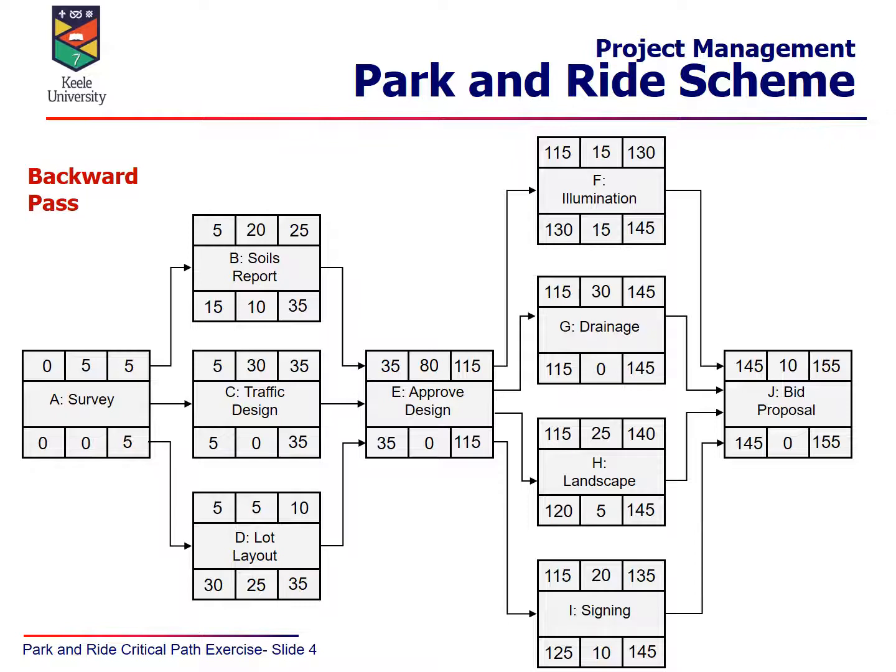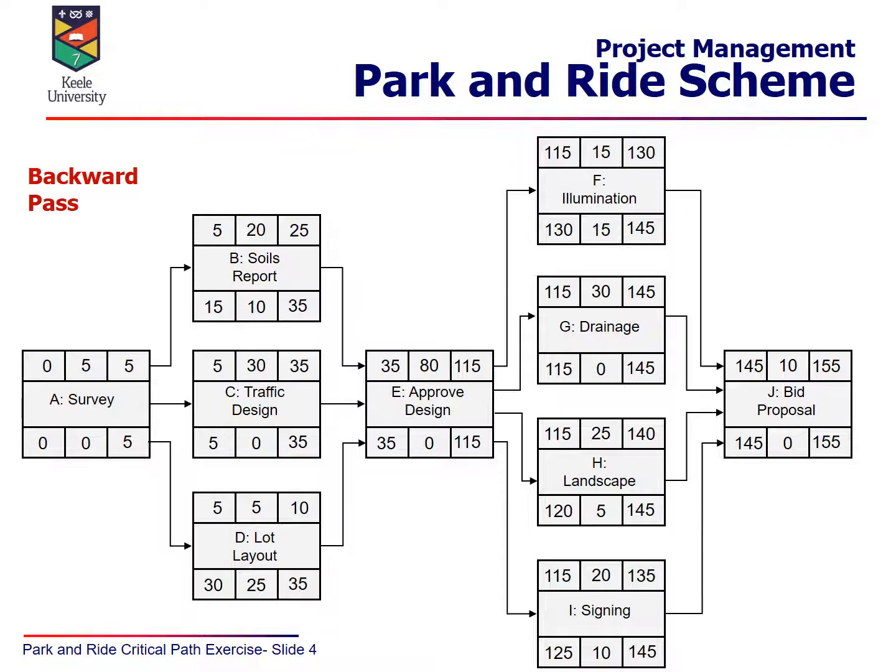We then want to work out from that what the latest start time would be for the bid proposal activity to ensure the project finishes on time on day 155. So it's 155 minus the time for the activity, which is 10 days, which equals 145. So you'll see 145 written in the bottom left hand quadrant, which is the latest start time for the bid proposal. That's the latest we can start that activity and ensure that the project is finished on time in 155 days.